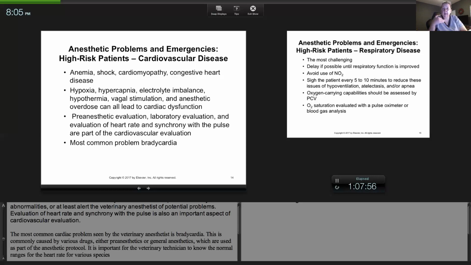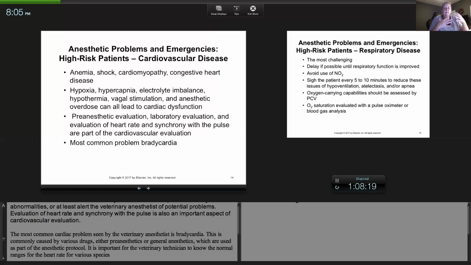Both can affect perfusion. So we have to be very cautious. And then there's congestive heart disease, like heart failure. A heart murmur, those dogs tend to have, if they have mitral valve disease, they can have low cardiac output, which affects blood pressure. So it all kind of ties together.